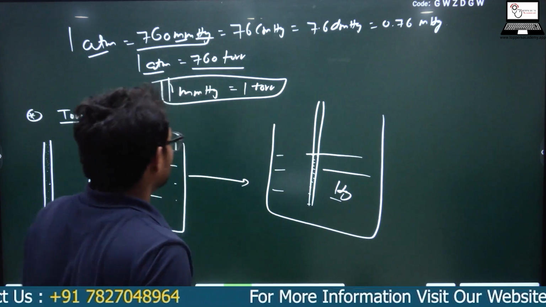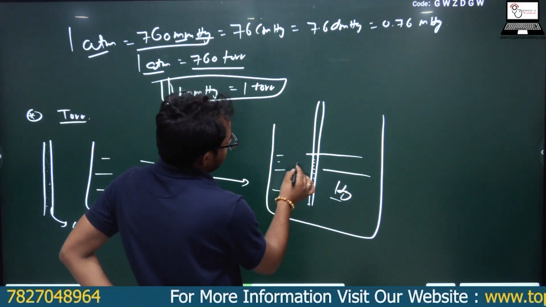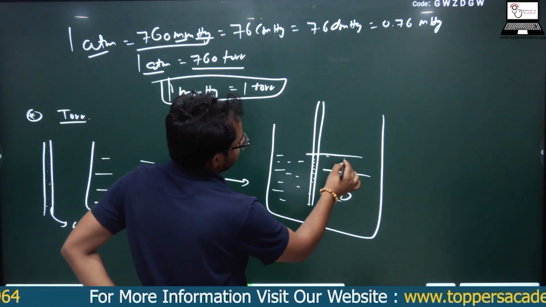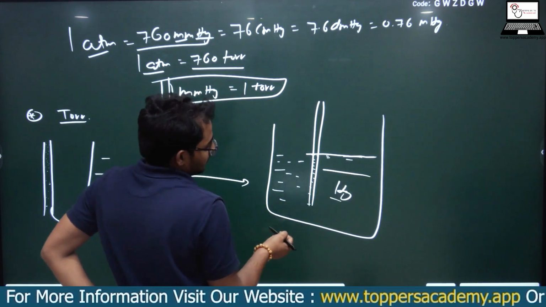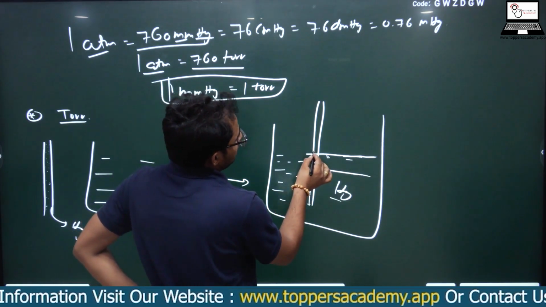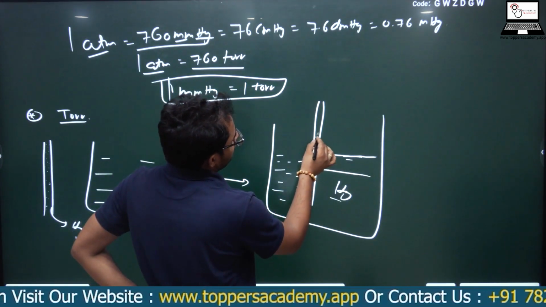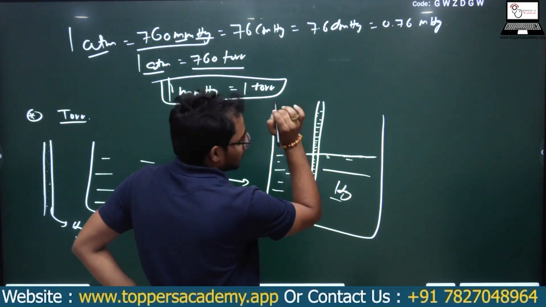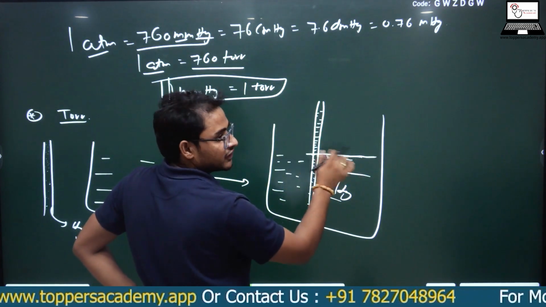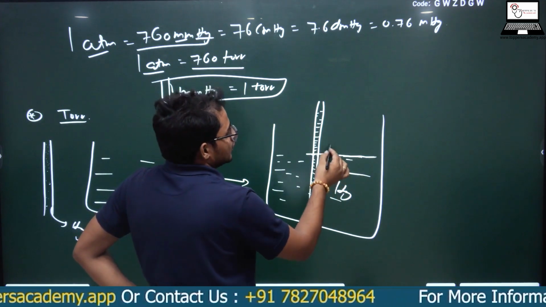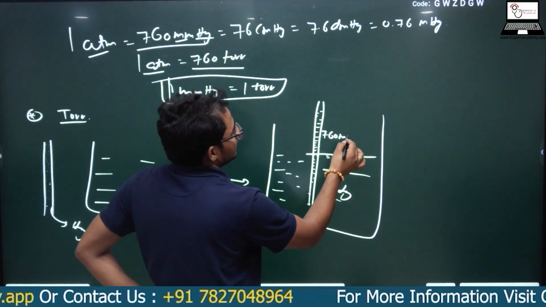So he found that obviously the level of the mercury here, this is the level of mercury in the container, but the level of mercury in the test tube was above the level of this container. So it was 760 millimeter higher.